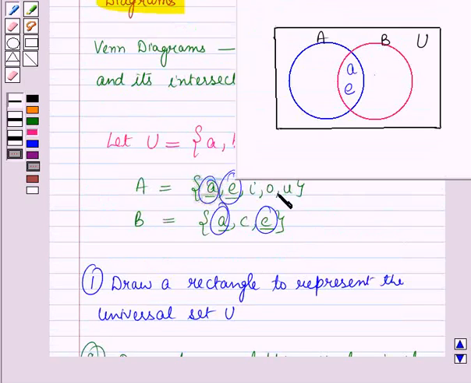Now the remaining elements of A are I, O and U. So in the remaining portion of A, that is that portion of A excluding this common portion, we will write I, O and U here. Now the remaining element of the set B is the element C. So we will write this element in the remaining portion of B, which is that portion of B excluding this common portion. So we will write C here.